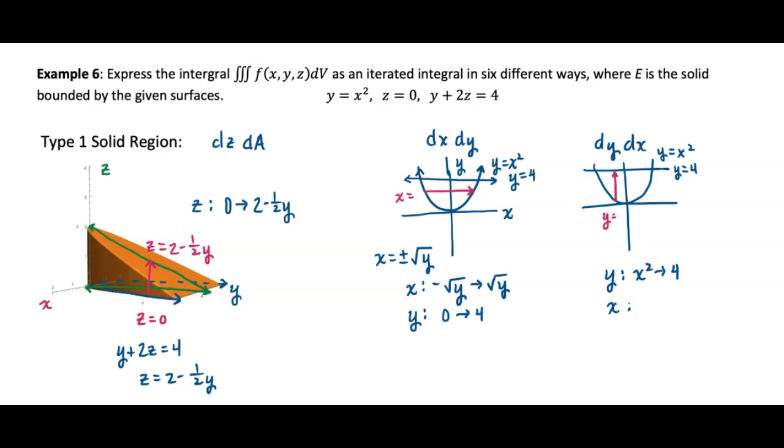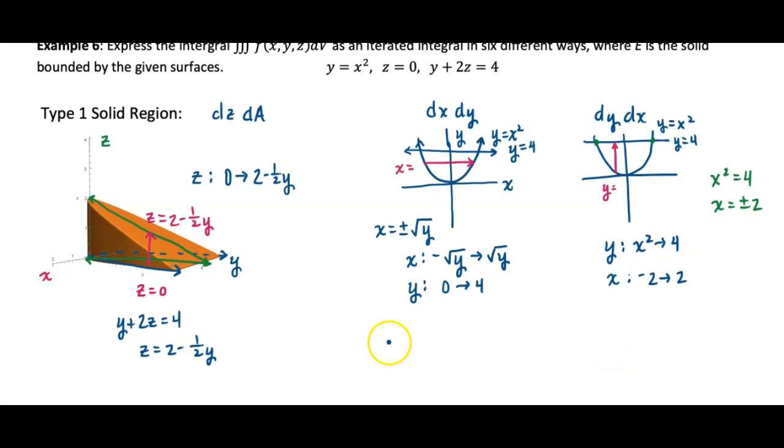Well, where are these 2 points? These are just those intersections. I can find that intersection by setting x squared equal to 4, and so x will be positive or negative 2. You don't need to visually solve for something like this if you don't have to, but just to show you where that comes from. So x goes from negative 2 to positive 2. This is going to give us our 2 different integrals.